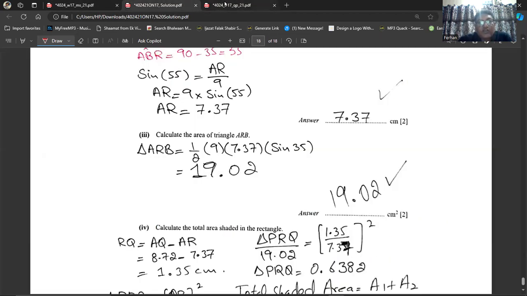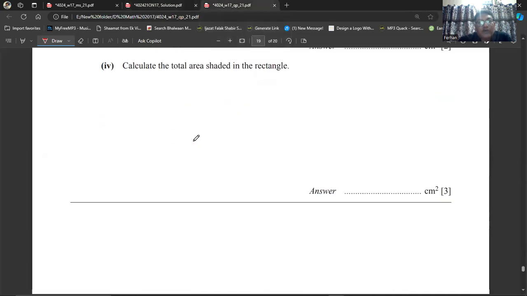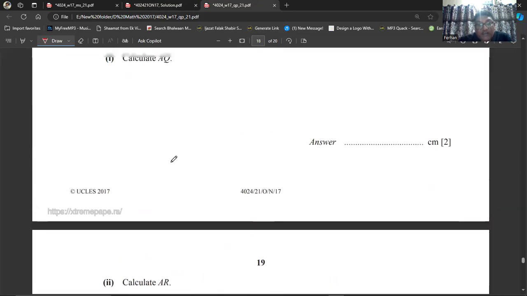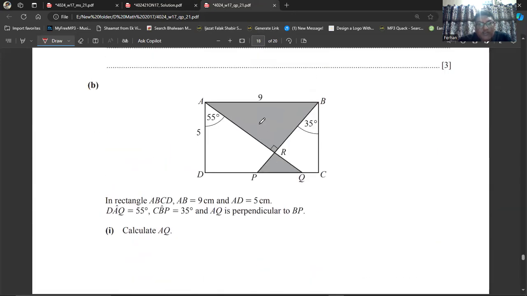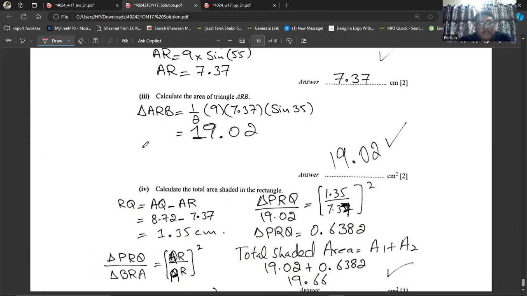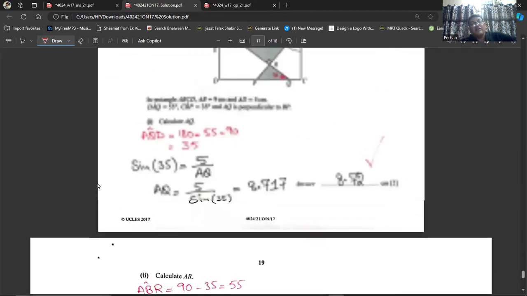Okay, so we are going to the fourth part. He says calculate the total shaded area in the triangle and rectangle. So basically we want to find this total shaded area. So RQ will be equal to AQ minus AR.